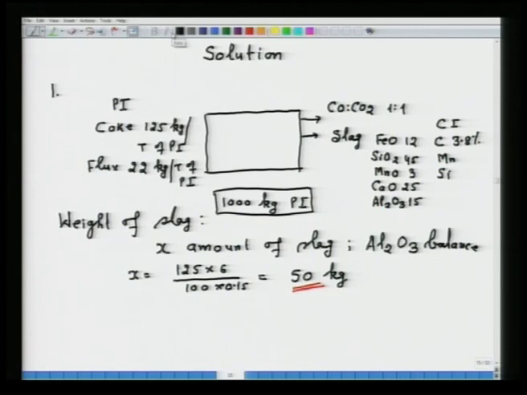Now, what I thought, let us calculate by having the calcium oxide balance. I mean, both should give the same answer. However, you can choose any, because the guru mantra is to find out that component in the overall problem which directly enters into slag. Suppose you select SiO2, you may end up in a problem because part of the silicon is entering into pig iron also, and that is not given.